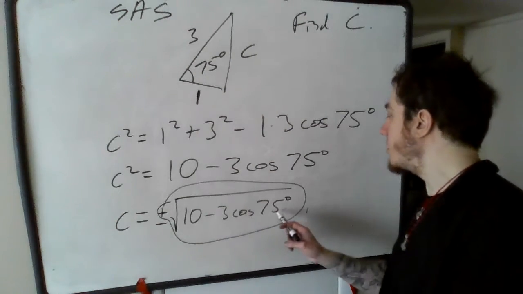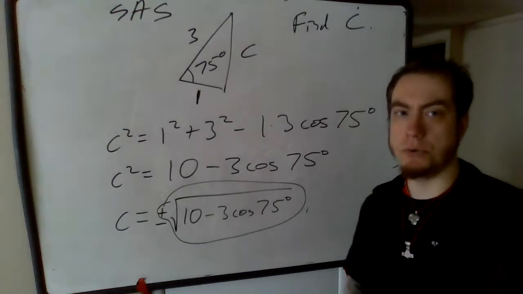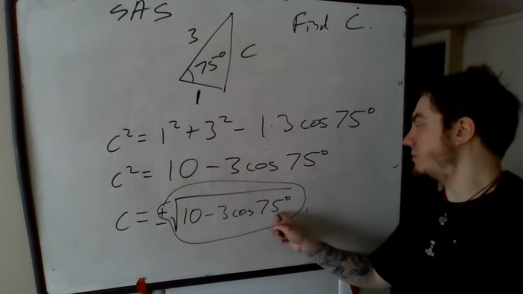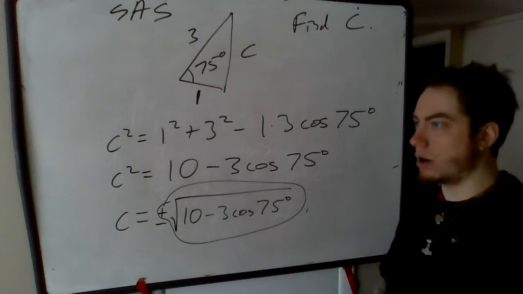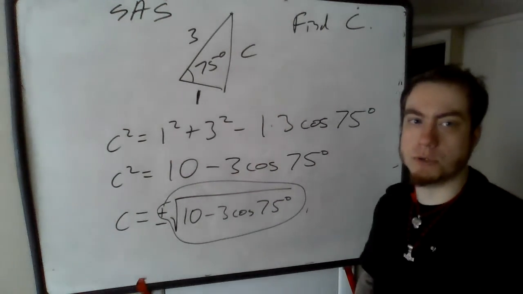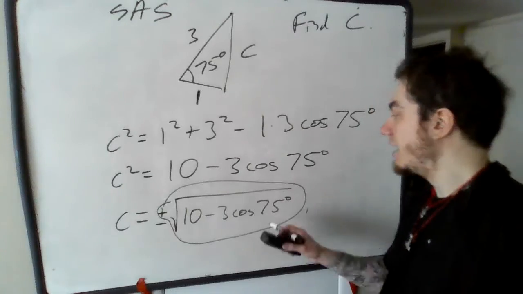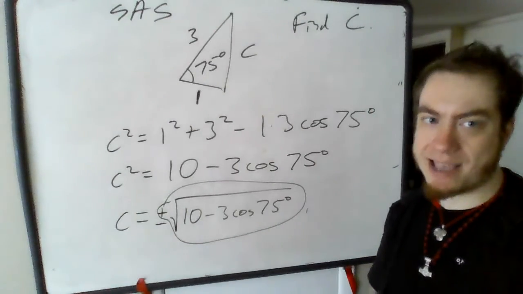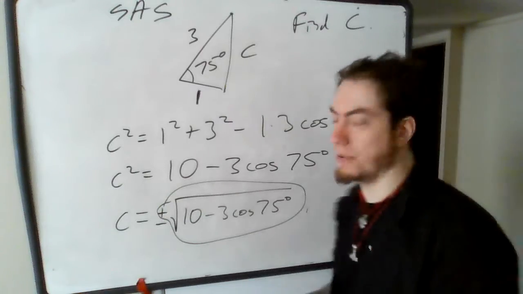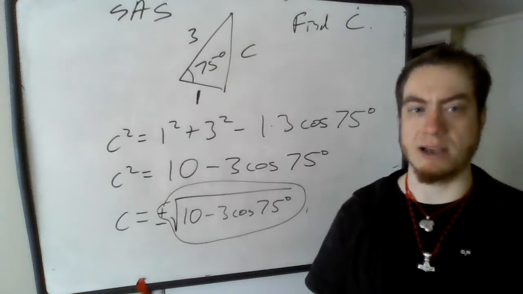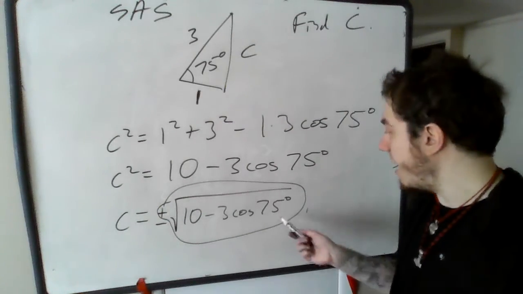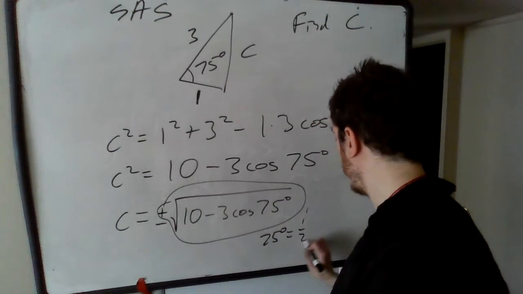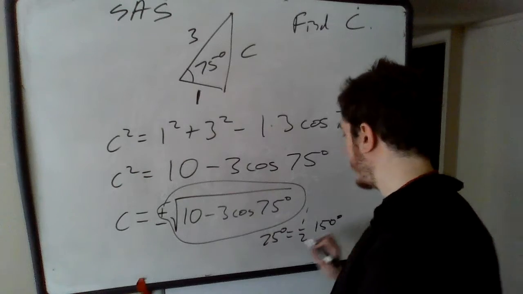If we wanted to, I could write this as 1/2 of 150 degrees, so I could use one of the half angle identities to work this out exactly. But I don't actually care to bother doing that, and I'm not going to ask you guys to do that either. Just go ahead, throw it into a calculator. Now, you should know how to do it. I mean, think about how 75 degrees is 1/2 of 150 degrees.